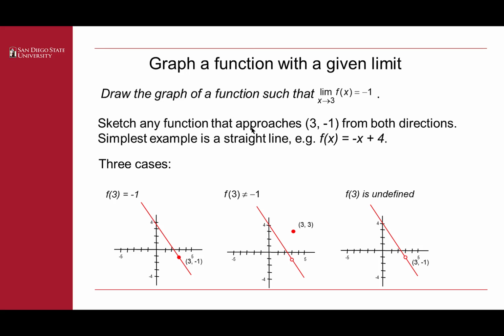And likewise, if we assume that f(3) is undefined, the result would still not change. Even if we have a hole in the line, the result of the limit would be the same. So these are the three cases where different variations of the same function would give the same limit.